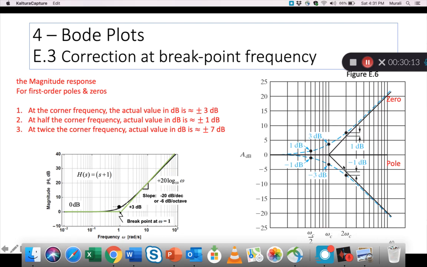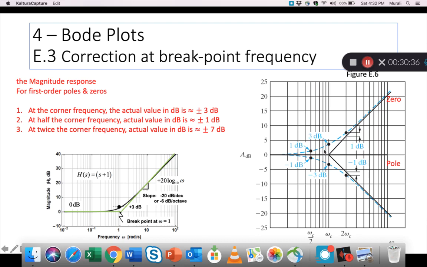At 2 omega c, he's showing us an actual value of plus 7 for the 0 line. So from 0 to the actual blue shaded line, the gap is plus 7 dB, and the correction he shows you is just 1 dB.